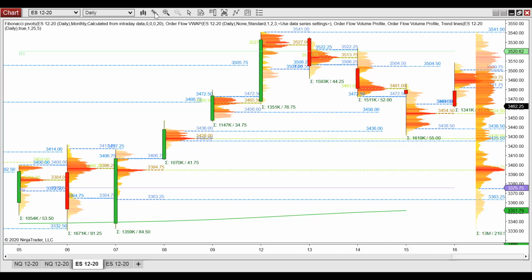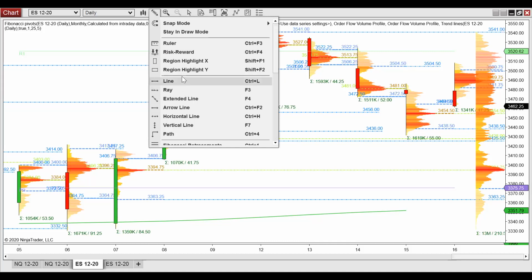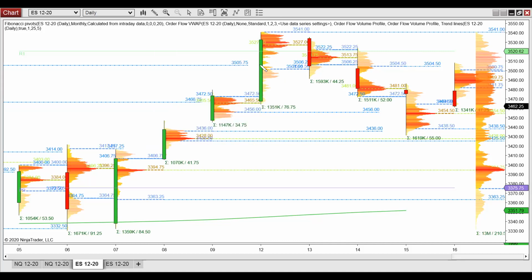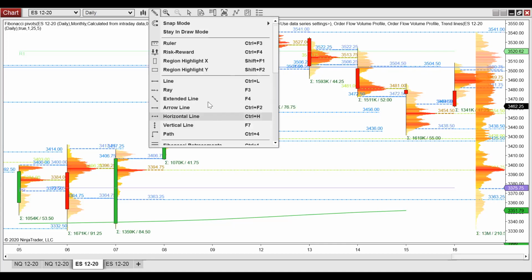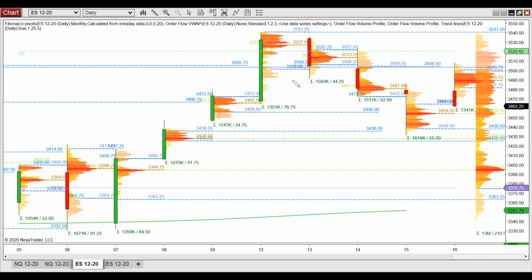So let me see if I can do a horizontal line on what I'm looking at. Let's see if this is connected to here, right? So that line would be 3,500. That'll be my first line. Another line I'll be looking at is support, here to here.